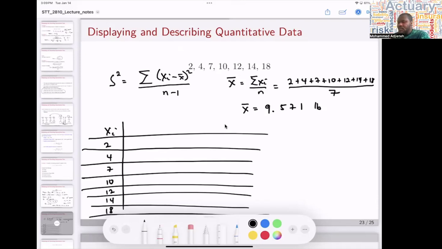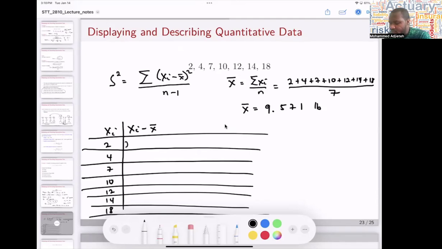Now we have x bar already. Let's create a column for xi minus x bar. What this means is that we take each of these data points and subtract the mean.